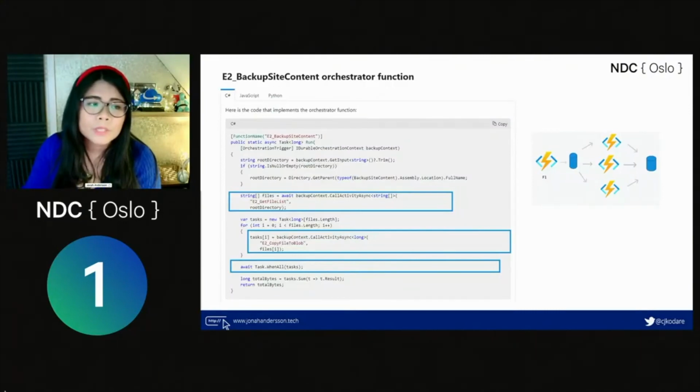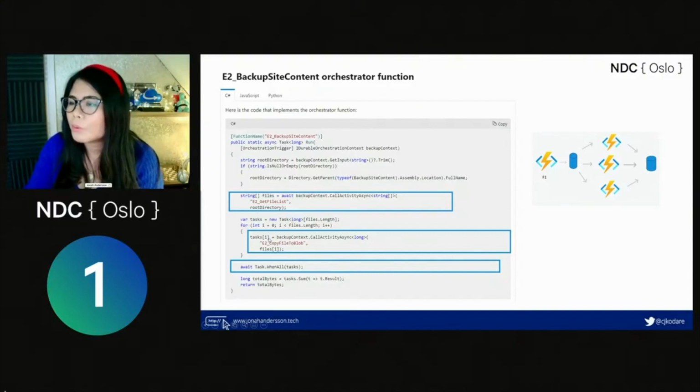For example, in C sharp, we are trying to back up site content. In here, we have a root directory that we're trying to get from a string, and we have a list of files that we want to back up. You do it through the context by calling activity async and calling the activity get file list and then return it.